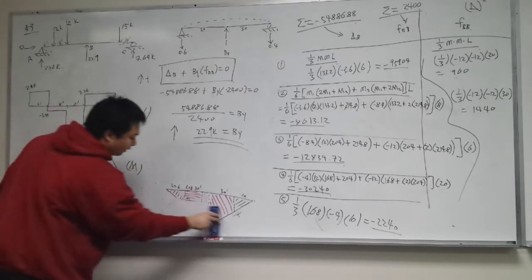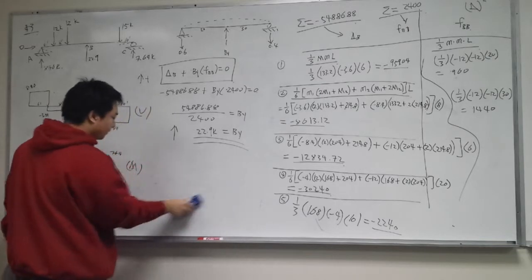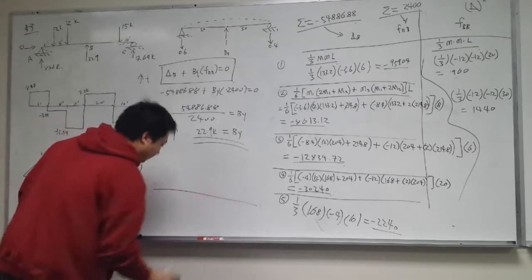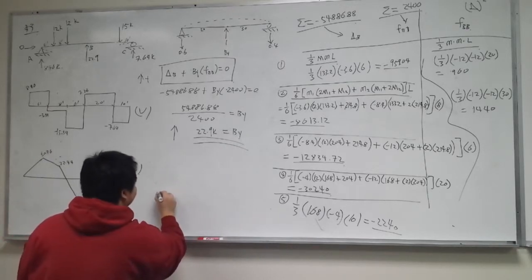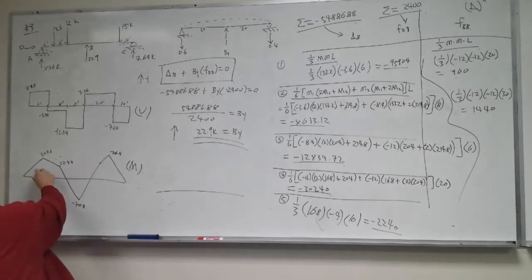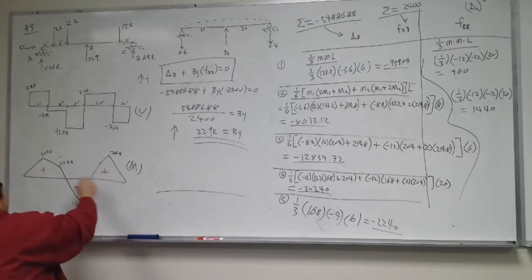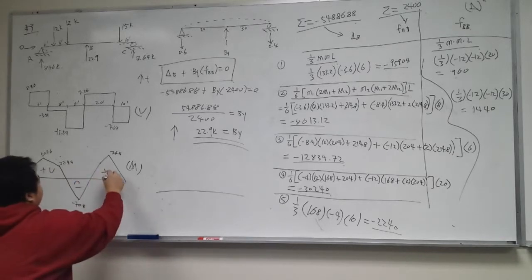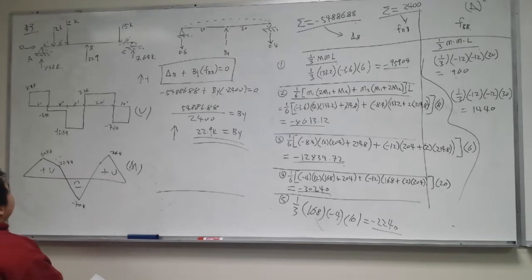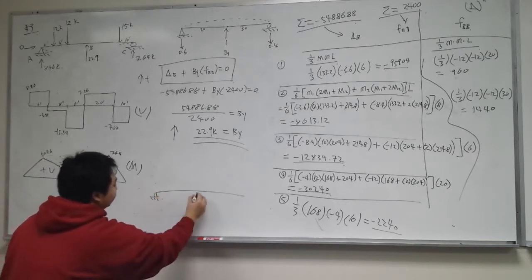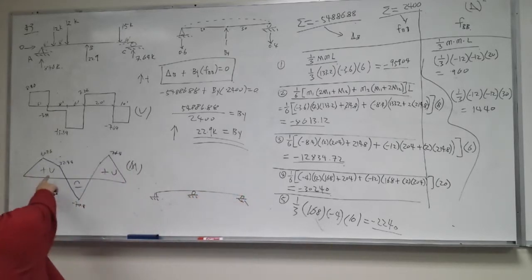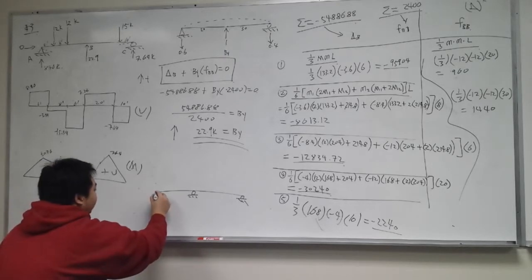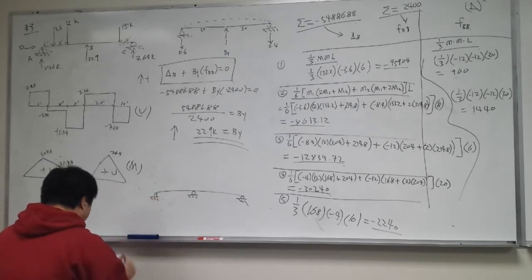So we're going to have deflection. For deflection, this is positive, negative, positive. So you have smile face, sad face, and smile face. So how are you going to do that? First draw your sad face, so you know it's going to look like this.